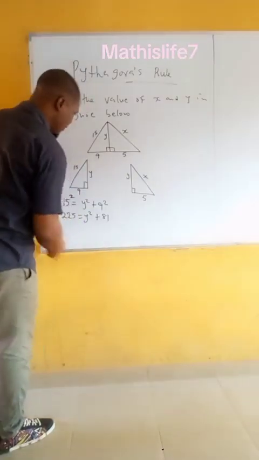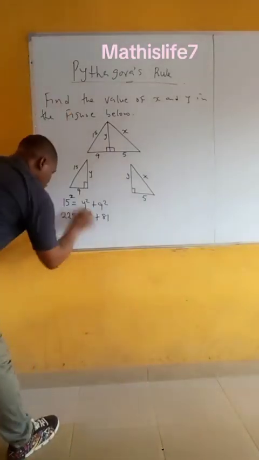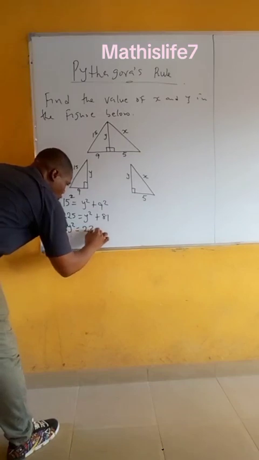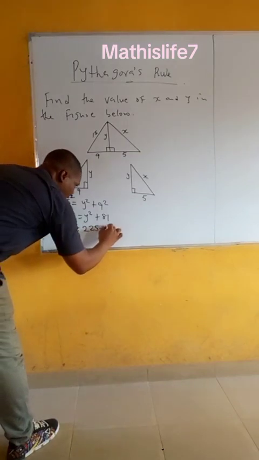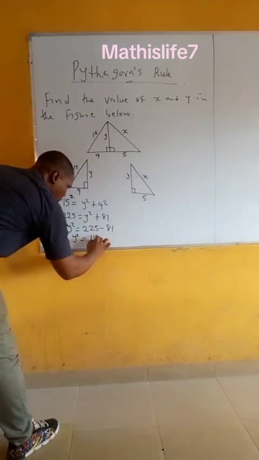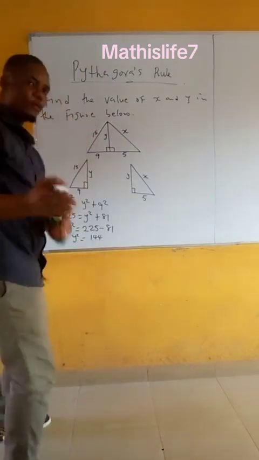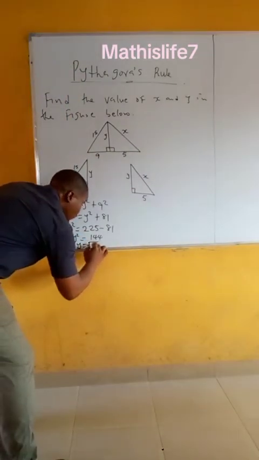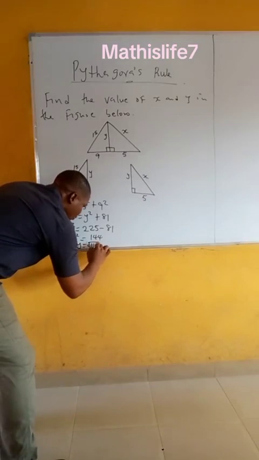I will go back to collecting my like terms quickly. So I can have it to be y squared is equals to 225 minus 81. And when I have this, y squared is equals to 144. Like what I did previously, I will just take the square root, which will be square root of 144.